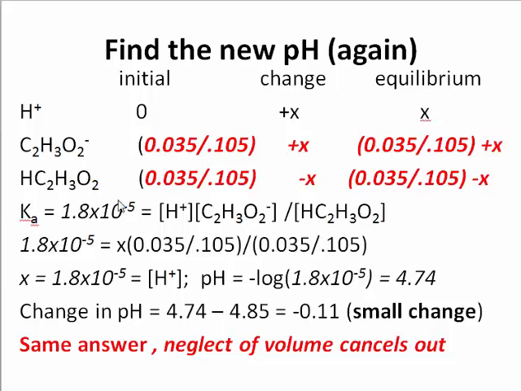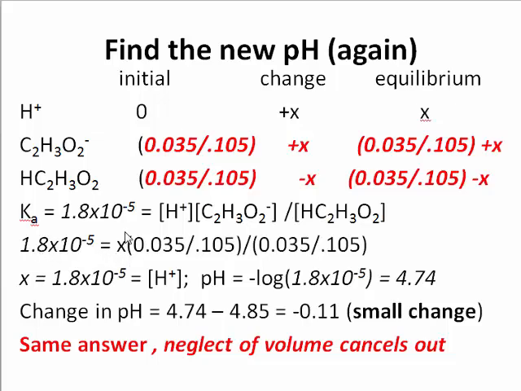The row for H+ remains unchanged, but instead of moles in the other two rows, I divide these moles by the new volume, 105 milliliters, to obtain the new molarities. You notice we have the same pattern of plus and minus x as before.